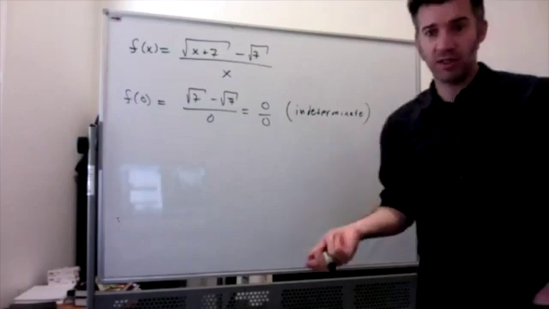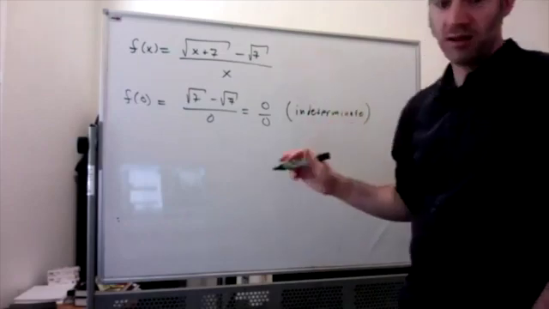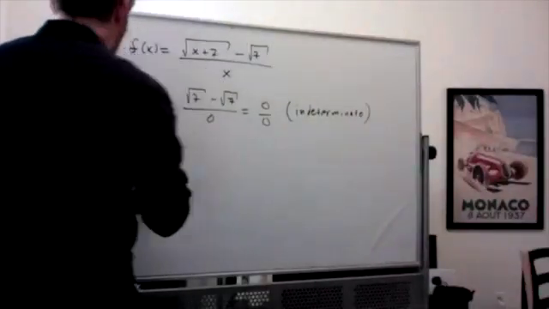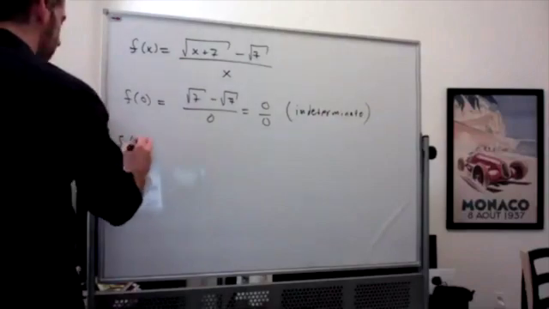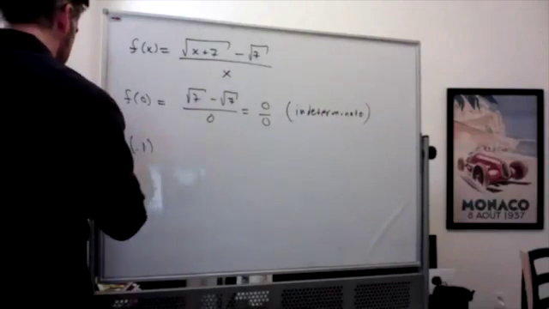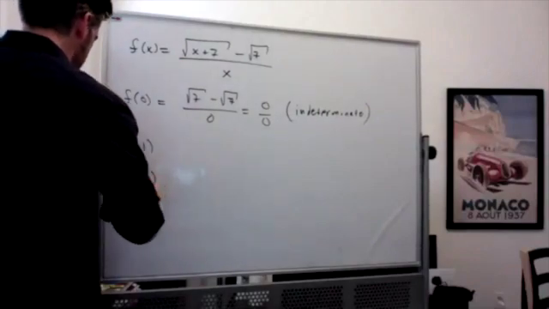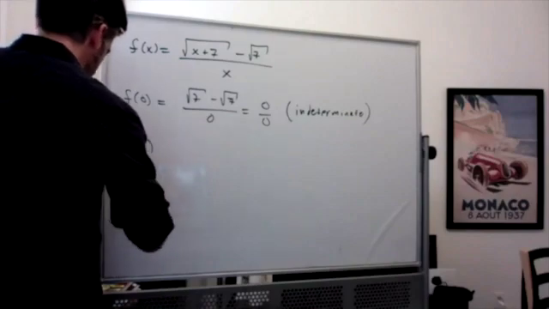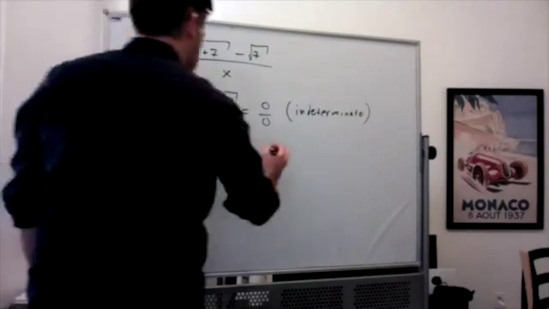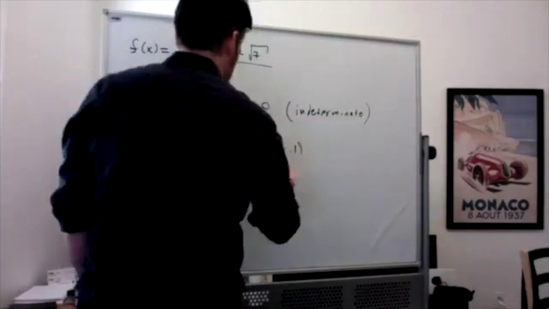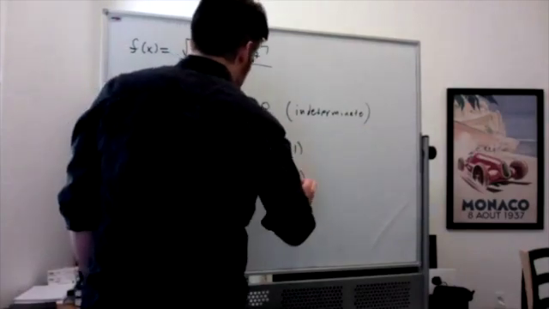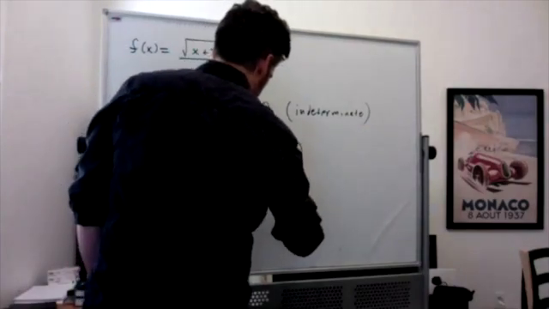So this particular question is asking us to actually estimate the following. It's asking us to find what f of 0.1 is, f of 0.01, f of 0.001, and also the negatives. F of negative 0.1, f of negative 0.01, f of negative 0.001.